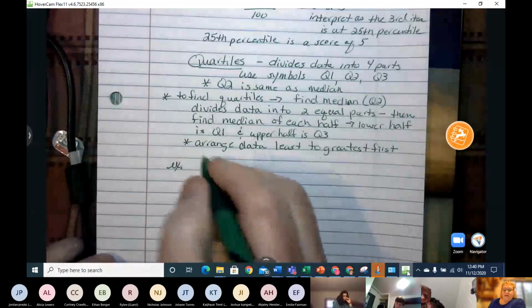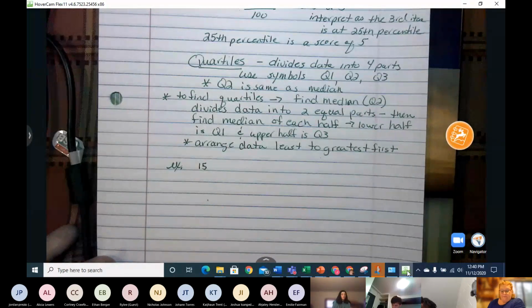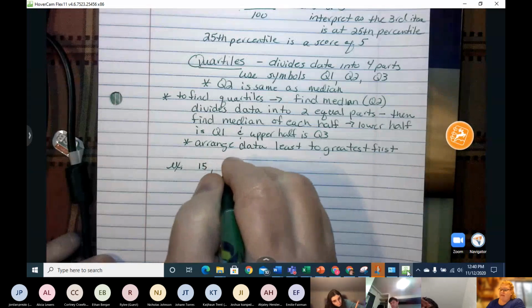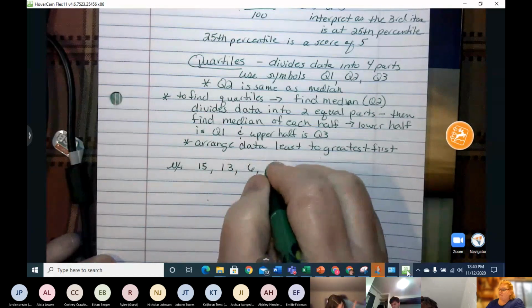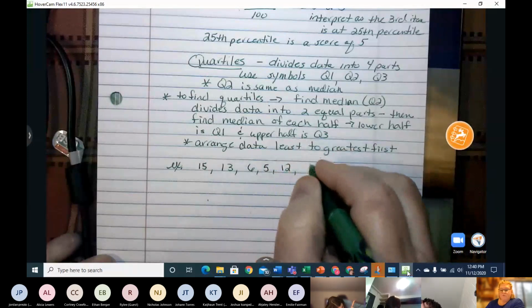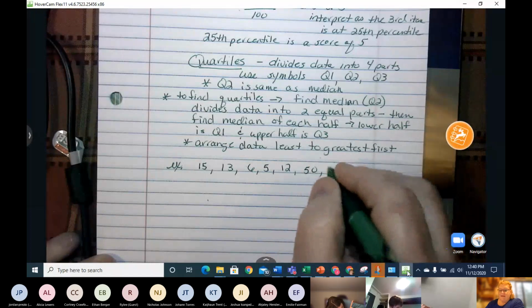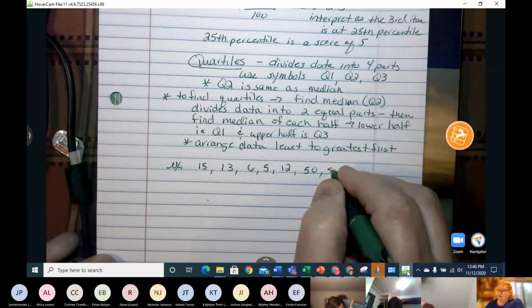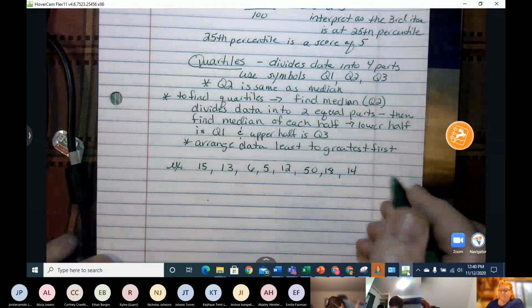So here's our sample data. We have 15, 13, 6, 5, 12, 50, 18, and 14.